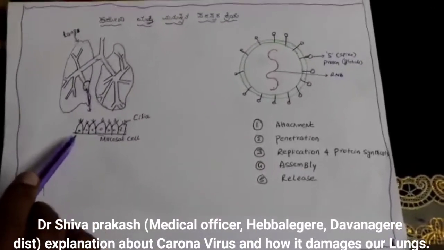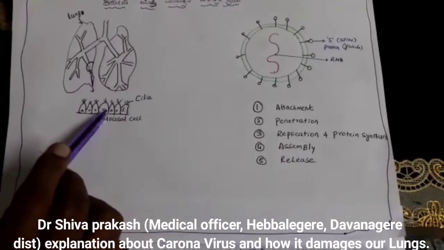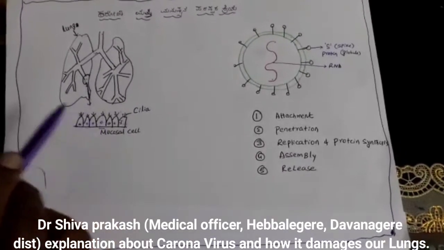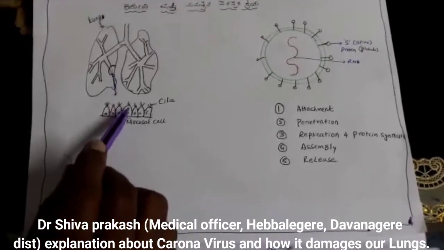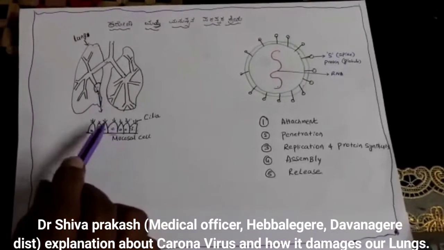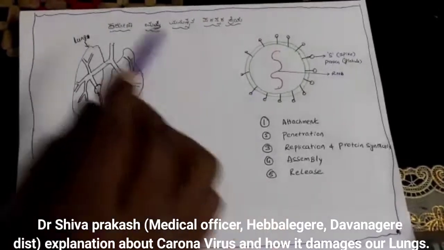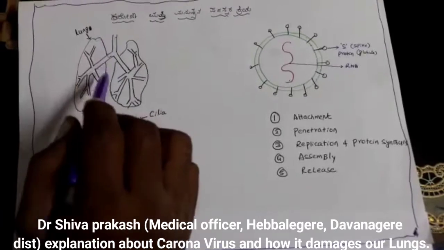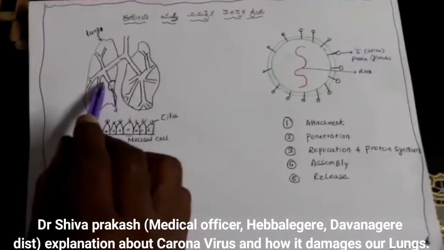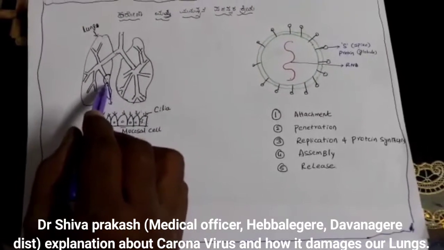So mucosal cells and ciliated cells form an important defense line for any foreign body entering the lungs. Now the coronavirus enters the mouth, throat, and lungs and reaches the bronchioles and the mucosal cells.